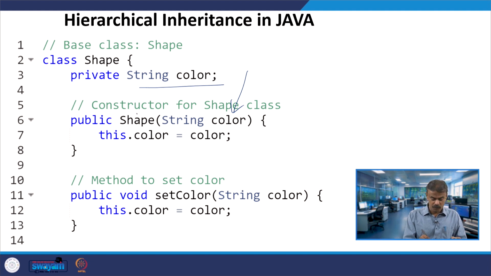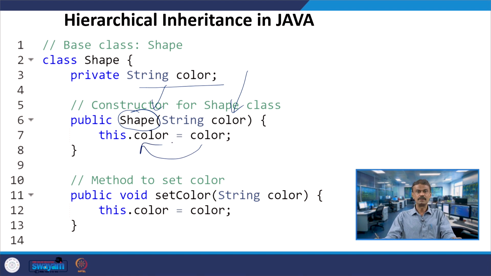The name of the class and the special member function is the same. Here you have public, which you call a constructor. The this pointer we had already seen, so this.color gets the reference.